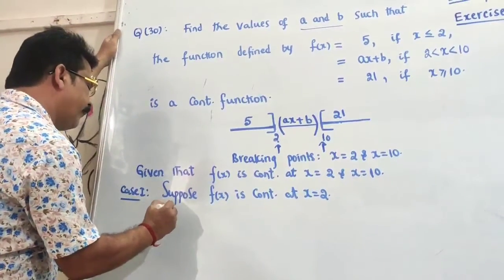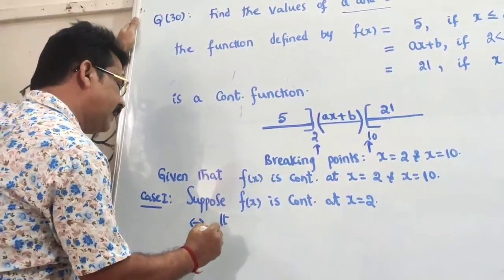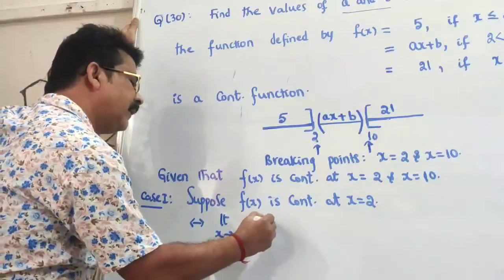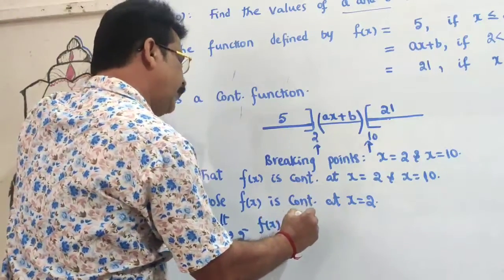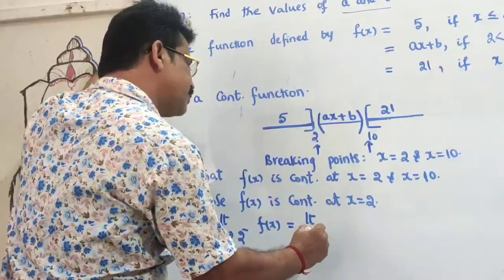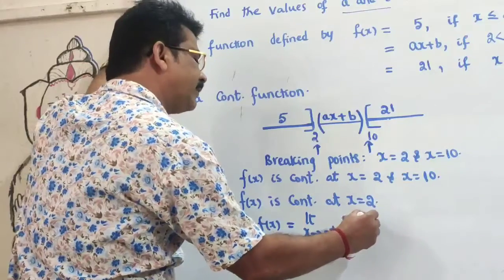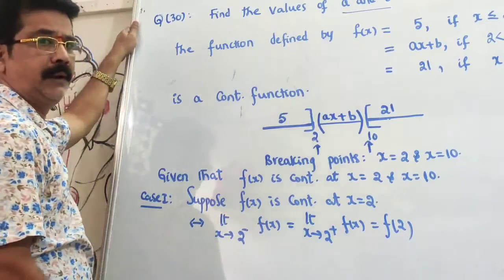That implies limit x tends to 2 minus f of x is equal to limit x tends to 2 plus f of x, and it is also equal to f of 2.